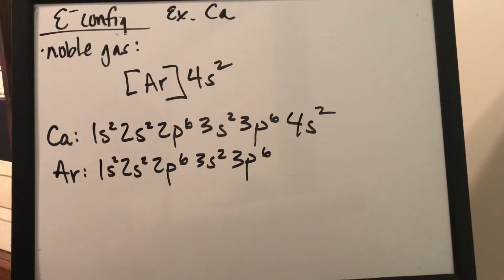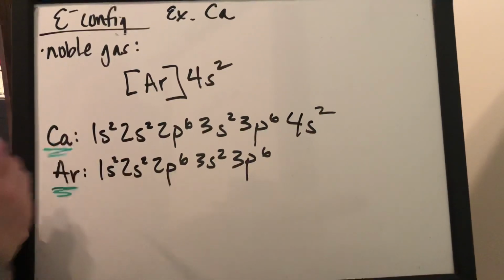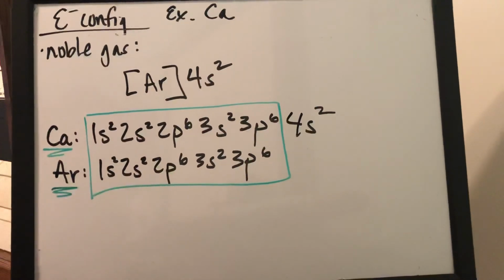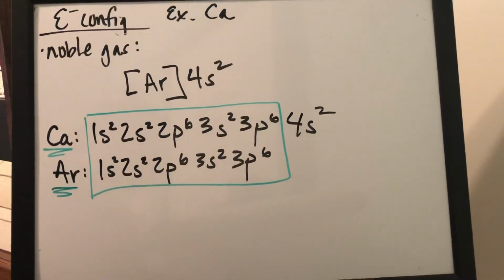So what essentially we're saying in a noble gas configuration is, look, calcium has argon's exact same configuration, except that then we attach a 4s2, and that's why noble gas configuration works. So those are the 3 ways to write electron configurations, and we will go over the anomalous electron configurations in class.